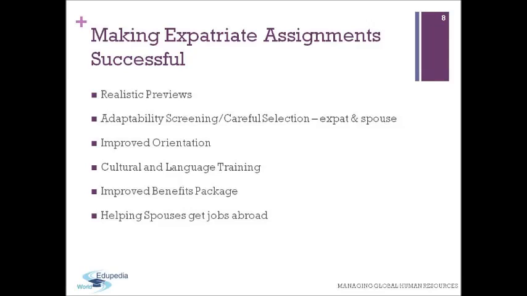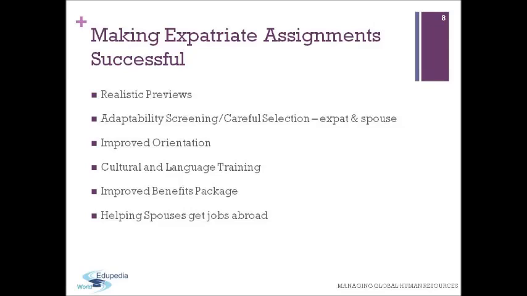Employers can do several things to boost the odds that assignments abroad will go smoothly. One is providing realistic previews of what to expect and carefully screening the expat and spouse; improved orientation and an improved benefits package are obvious solutions.